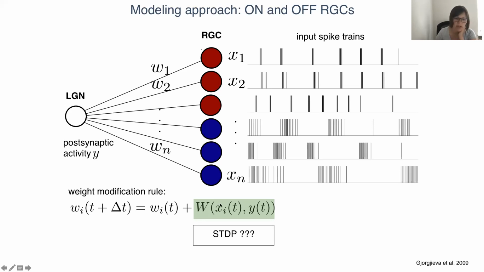It's some unknown function of the presynaptic activity denoted here by X and the postsynaptic activity in the LGN denoted by Y. But now what is key here, rather than showing artificial simulated activity patterns, which a lot of the time we as computational neuroscientists do, we took real spike trains here for the X's that were recorded in the retina during these retinal waves of the on and the off cells.